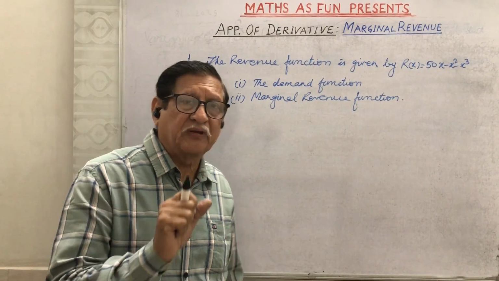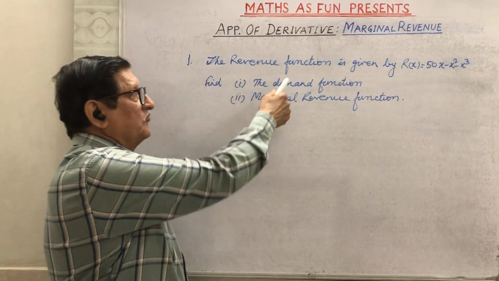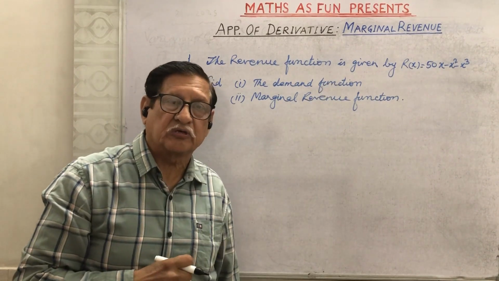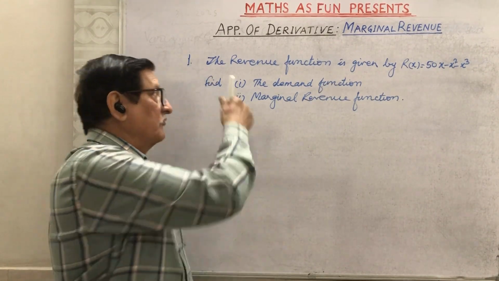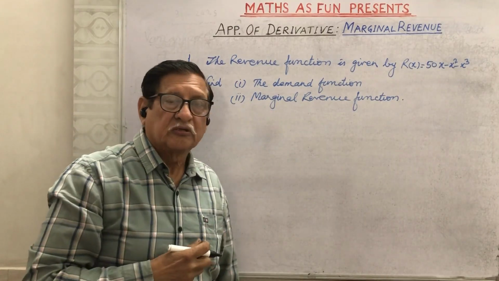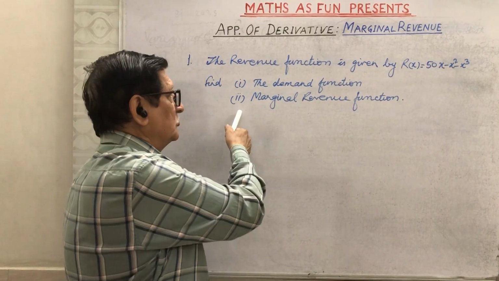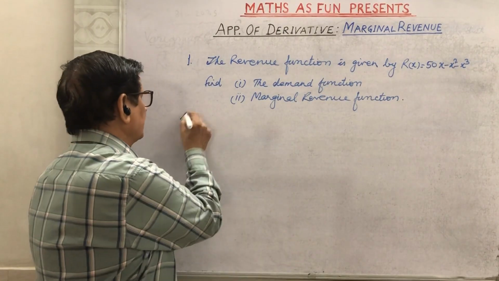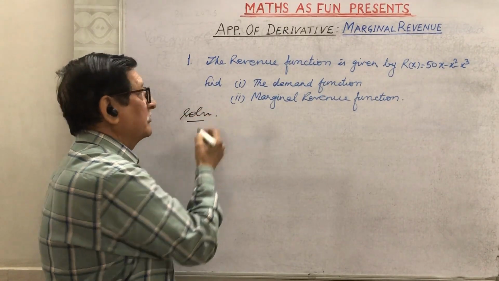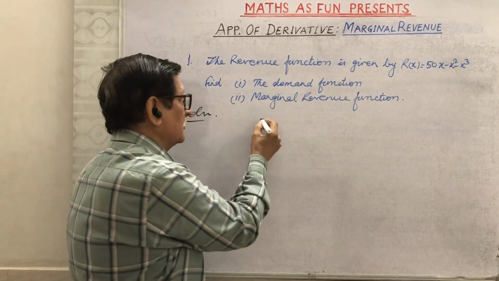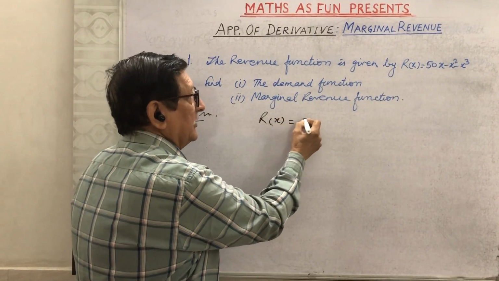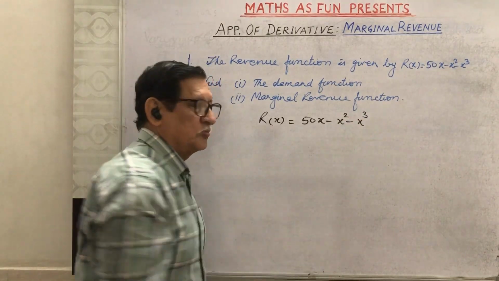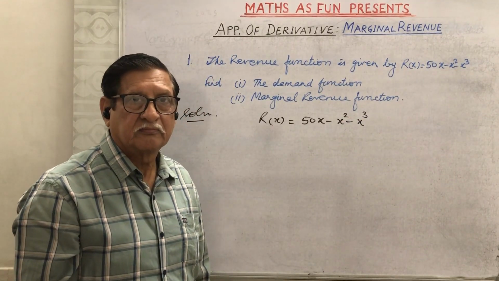The first example: the revenue function is given by R(x) = 50x - x^2 - x^3. We have to find, number one, the demand function and, number two, the marginal revenue function. For the solution, first we write the revenue function R(x) = 50x - x^2 - x^3.